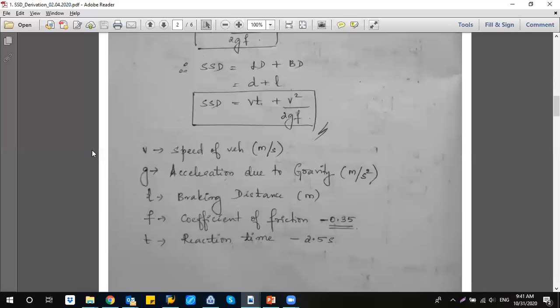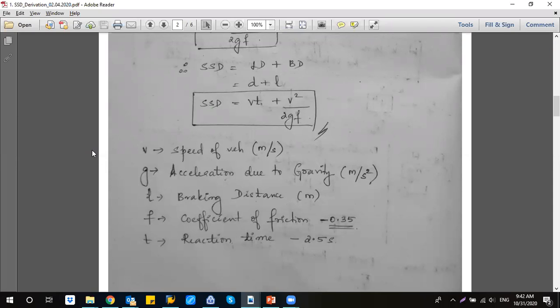So here I'll just explain. You should be very careful when you're using the formulas. There are two formulas: one when speed is in meter per second, and one when v is in kilometer per hour. It depends on you which to choose, that is your choice, but be careful when you're choosing the equation.